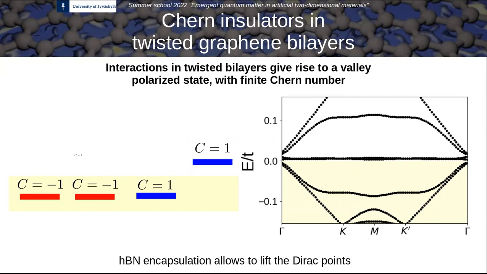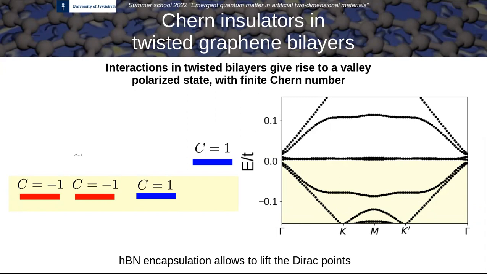So something that is very important for many of these twisted bilayers is that the flat bands have finite Chern numbers. Of course, the total Chern number of your electronic structure is 0, right? Because you have both, let's say, K and K prime, and in particular, you don't have any magnetic field. So if you don't have any magnetic field and you don't have any term that breaks time reversal symmetry, the total Chern number of your system must be 0.